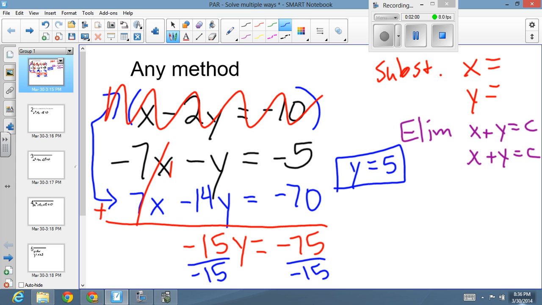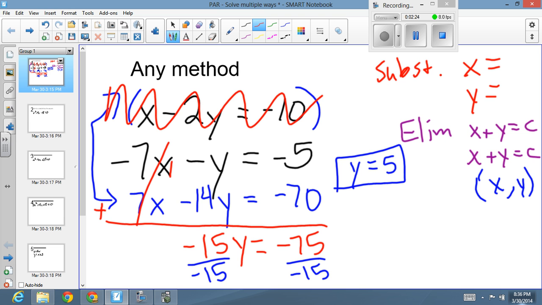Okay? Now remember, with any system, meaning two equations, my answer is always in an xy ordered pair form. Remember when you do graphing, if you solve it by graphing, you're looking for where the two lines cross each other. That would be an intersection point. So now I'm going to take this y equals 5 and plug it back in.